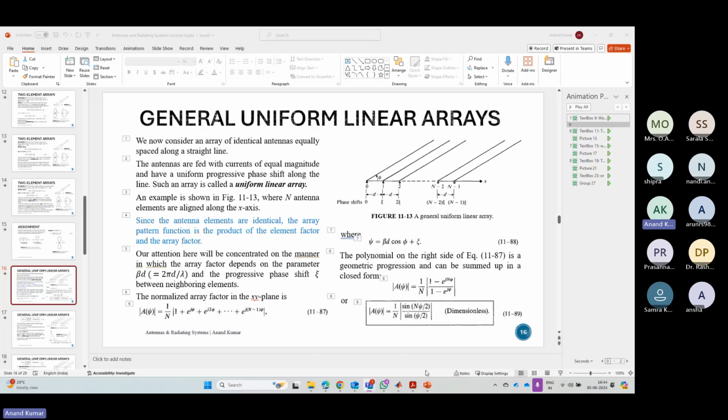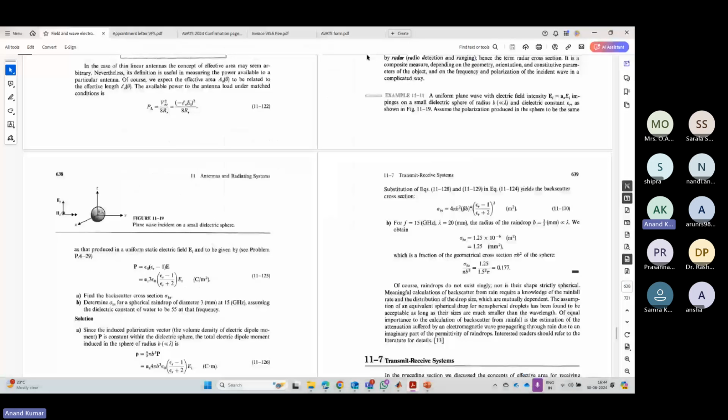I hope you are able to follow this. Uh, can you see the screen? I'm sharing a textbook. Hello. Hello. Yes, sir. Yes. Can you see the textbook I'm sharing? Yes, yes. Yes, yes. Okay.